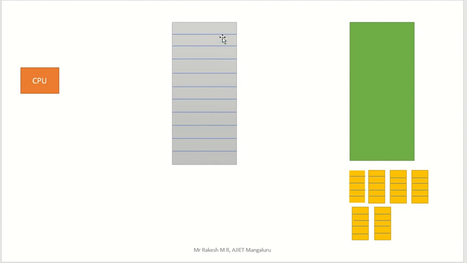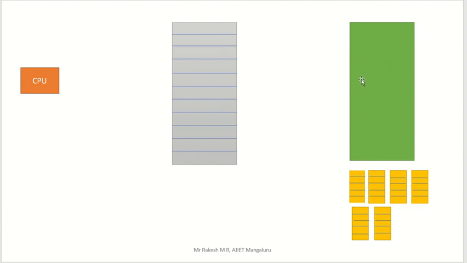So only one or two pages are here, and the remaining pages are in secondary memory itself. Consider the first process. If it has 10 pages, only one or two pages we are going to take inside main memory. The remaining 8 pages we keep in secondary memory. Whenever the CPU wants them, they are loaded into main memory.